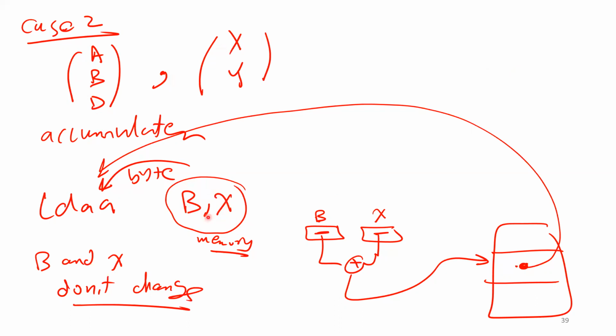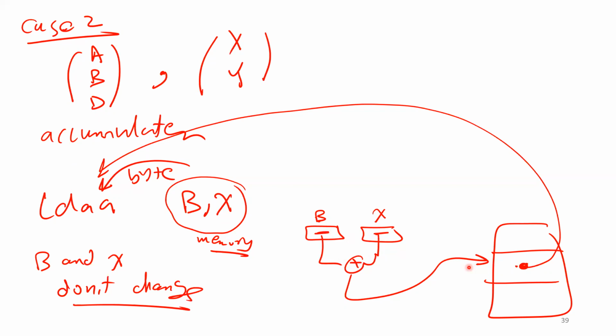Again, every time you see this format, number one, this is not 2 operands, it's just 1 operand. Number 2, this is a memory location. And because this one is for a byte, here I'm gonna read a byte from this memory location and store it in register A. But which memory location? The memory location is going to be the content of register X plus the content of register B in order to get the address.